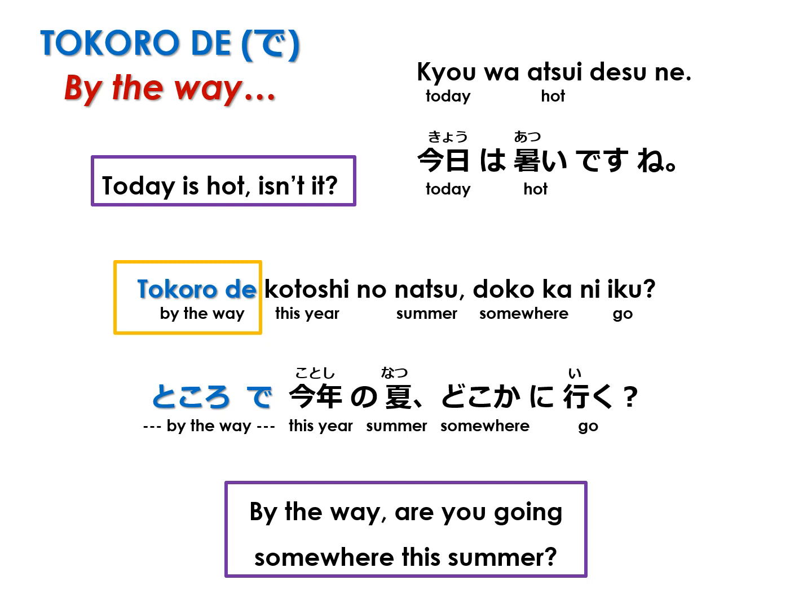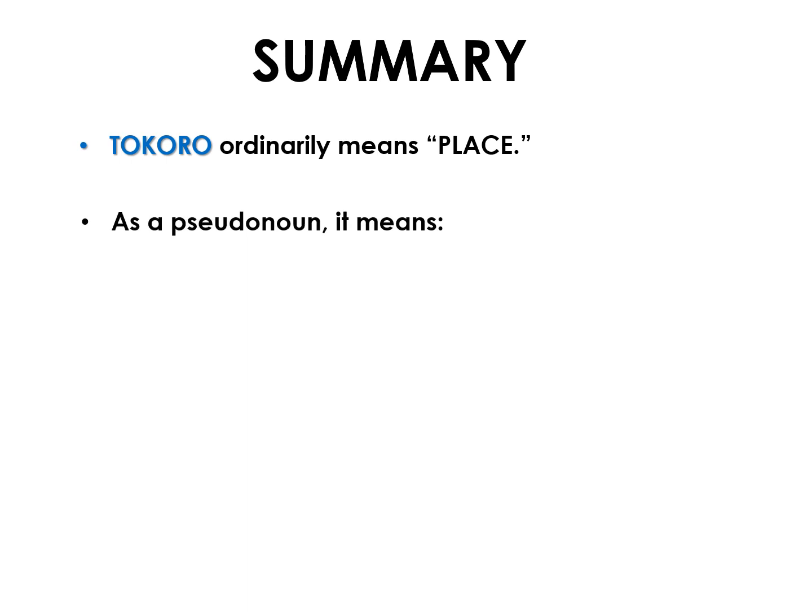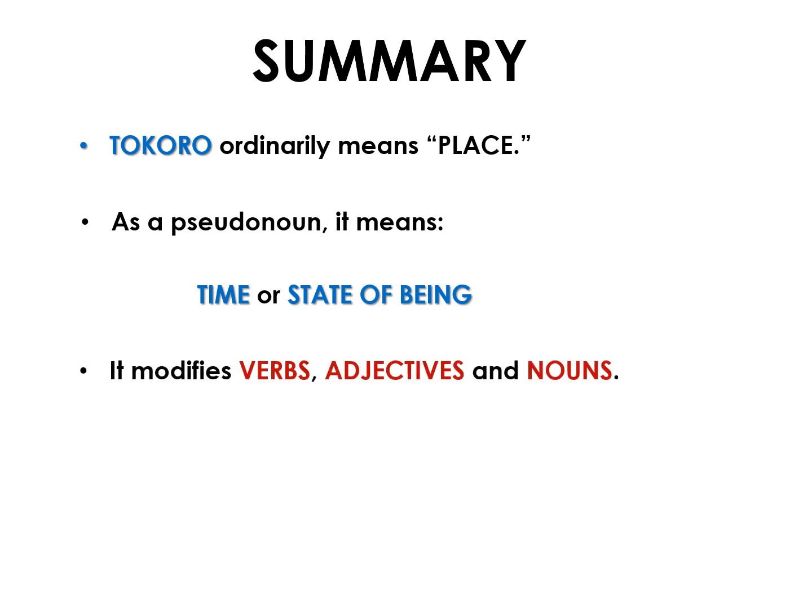To summarize, in this lesson, we learned how to use tokoro, which is a noun that ordinarily means place, as a pseudonoun, which means time or state of being. As a pseudonoun, tokoro modifies verbs, adjectives, and nouns. And in plain, fast speech, it gets shortened to toko.